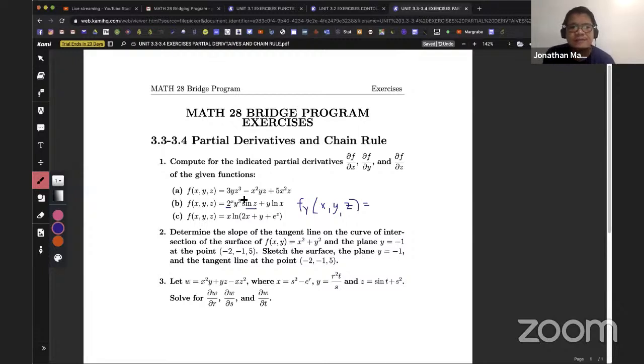Ano ang derivative ng y cubed with respect to y? Again, what is the derivative of y cubed with respect to y?